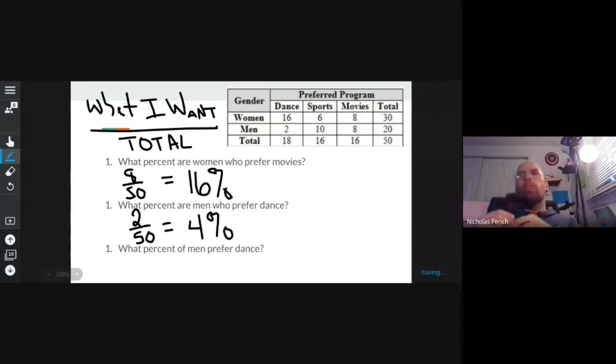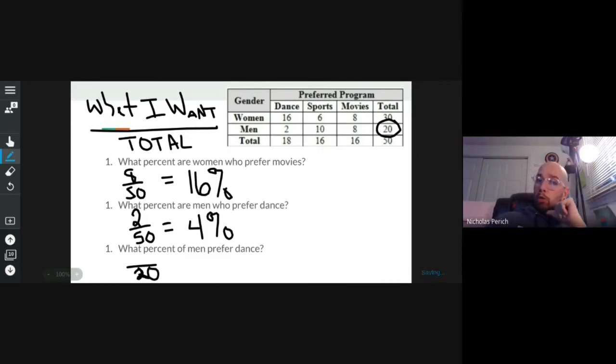So far, not bad. Nobody likes percents, but so far, not bad. This is where it gets weird. You ready? What percent of men prefer dance? This is a different question. I only care about the men in this survey. So my total changed. My total is 20 because I only care about the men now.